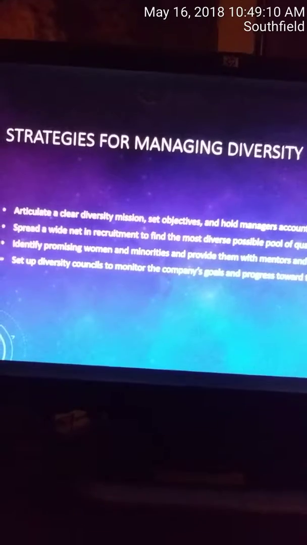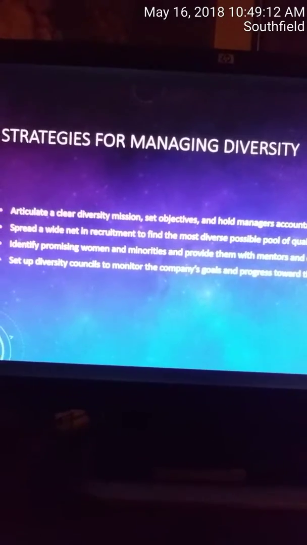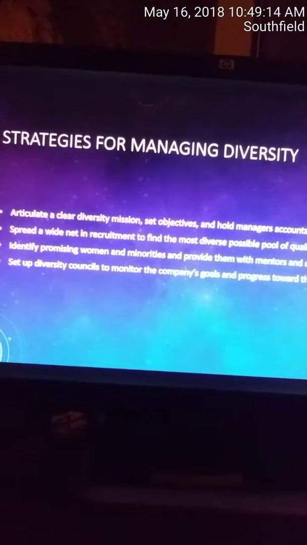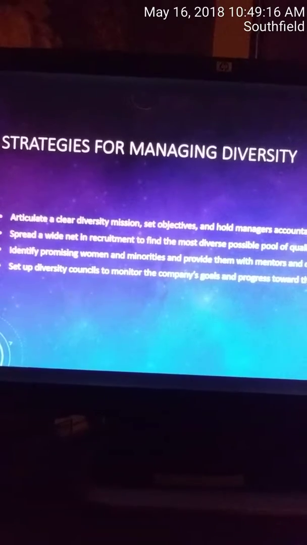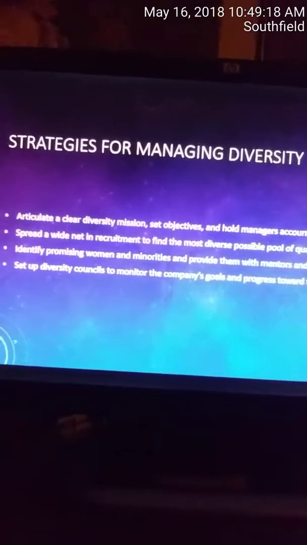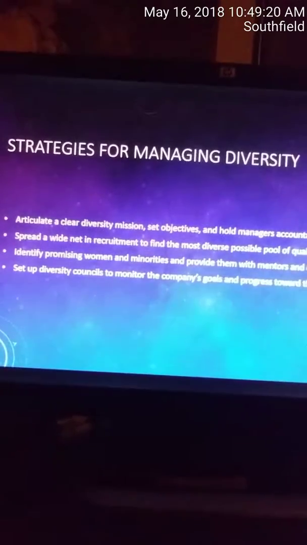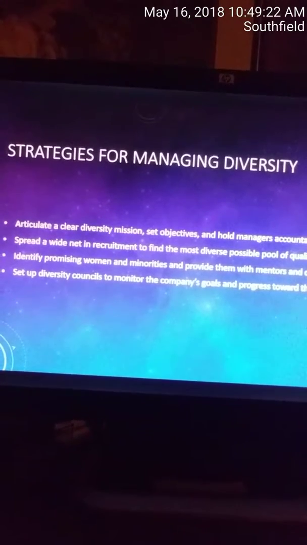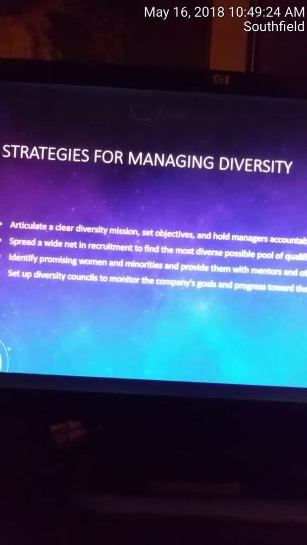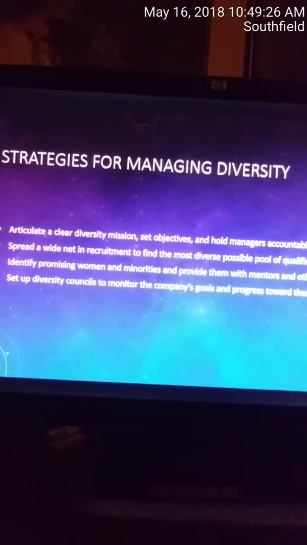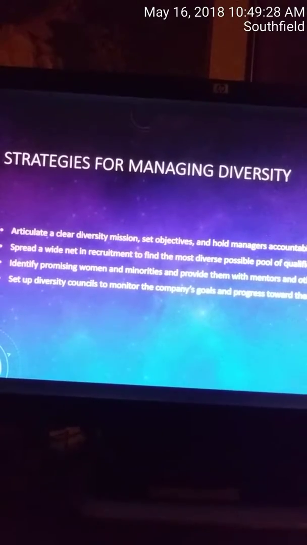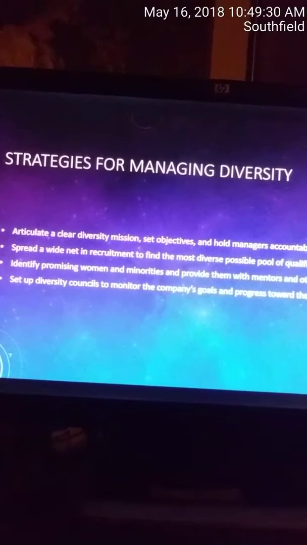And set up a diversity council that monitors the company's goals and progress of providing a diverse environment. This one is important as well because your environment helps with the productivity and performance of your employees.